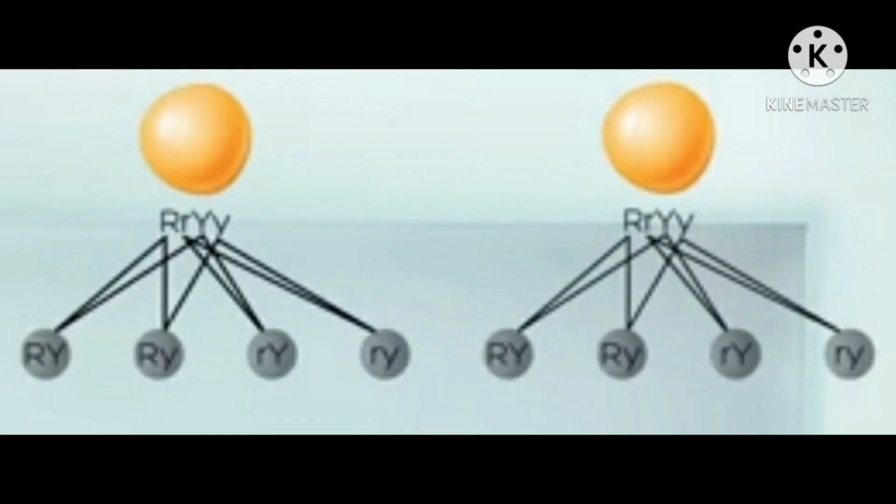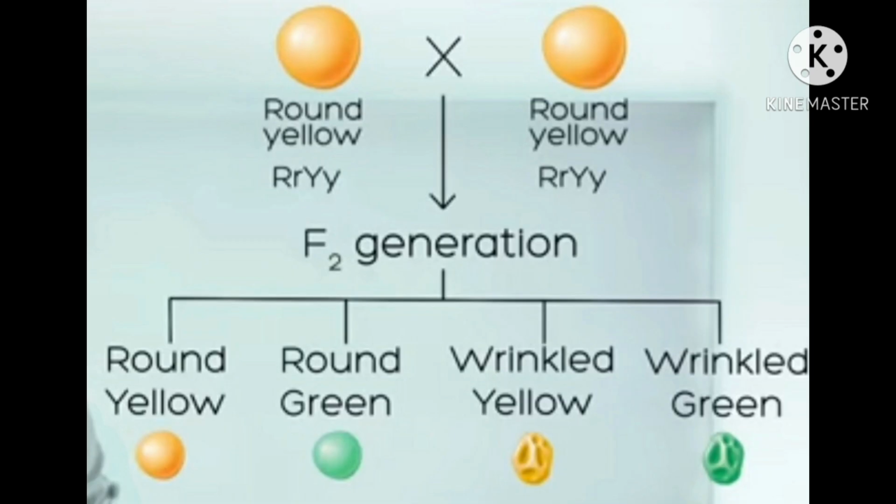During fertilization, each zygote will have equal probability of receiving 2 of these combinations, one from each parent. Thus, in F2 generation, the progeny produced were round yellow, wrinkled yellow, round green and wrinkled green.